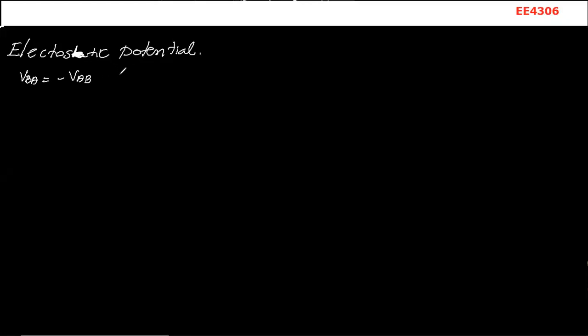Therefore, we can write down VBA plus VAB equals 0. As well as this V, you can compute by doing the line integration of this E into dl.